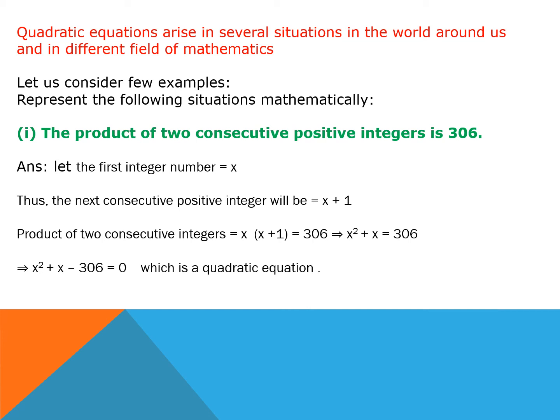Therefore, the next consecutive positive integer will be x plus 1. As per the given condition, x into (x plus 1) is equal to 306. After solving, we get x squared plus x minus 306 equals 0, and this is a quadratic equation.